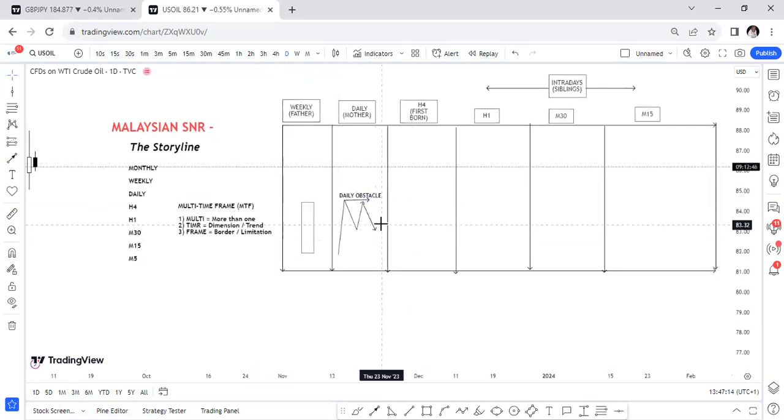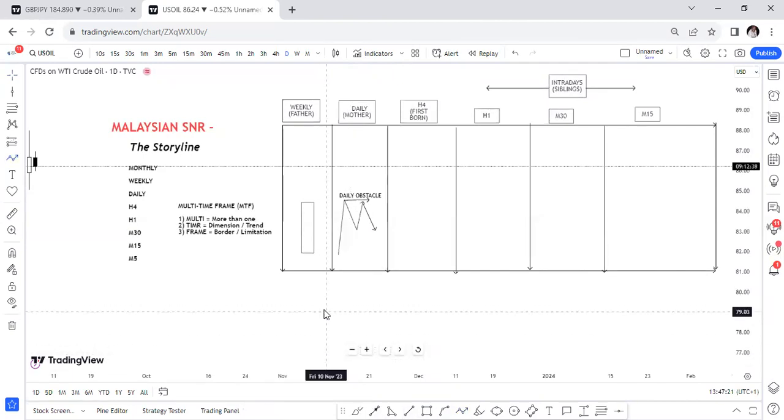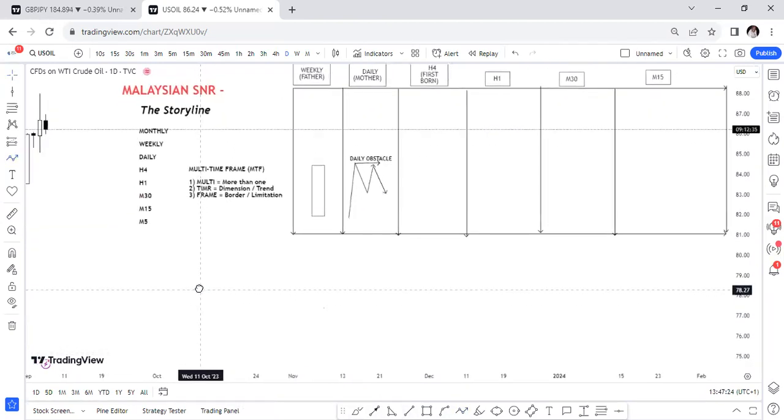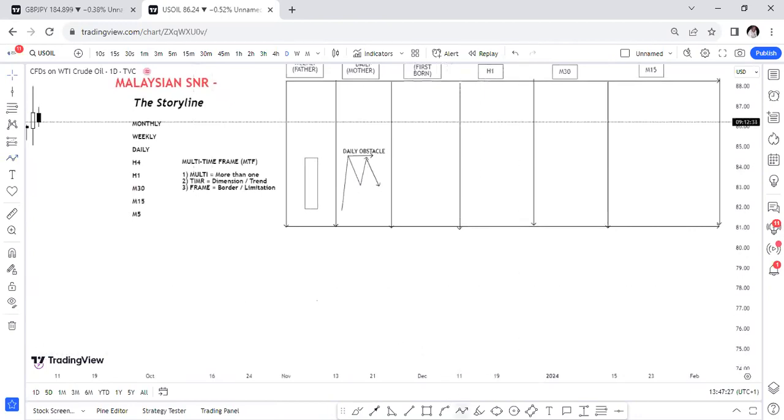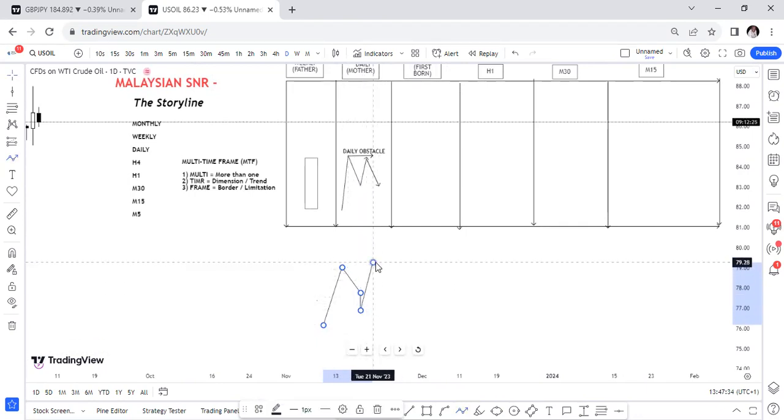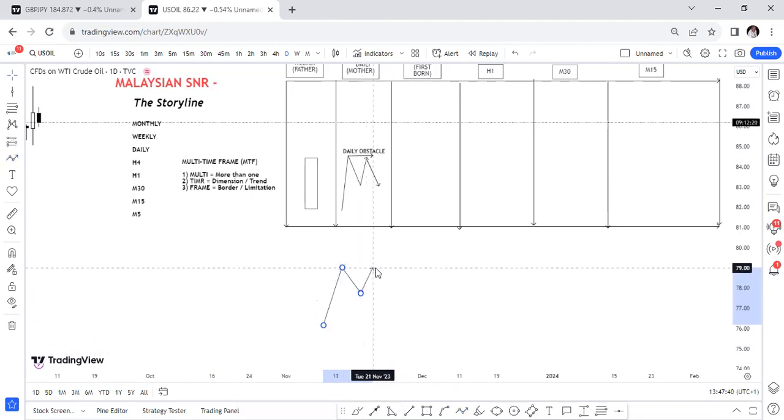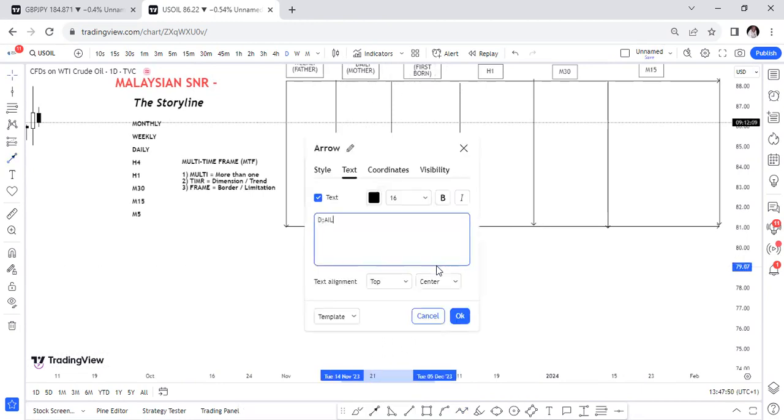So what you want to see in this place is, when you get this like this, you could likely see this is your SNR, your daily SNR.